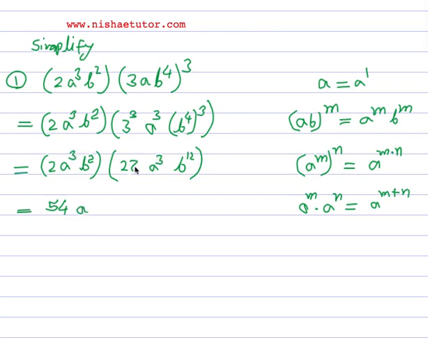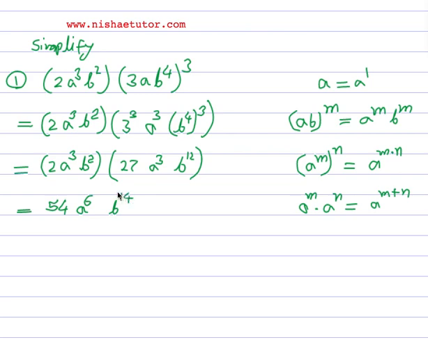So 3 plus 3, which is 6, b, here 2 plus 12, which is 14. So this is our answer, 54a to the power 6, b to the power 14.